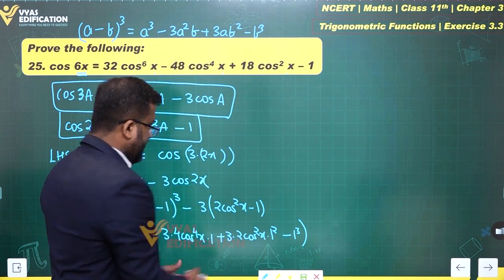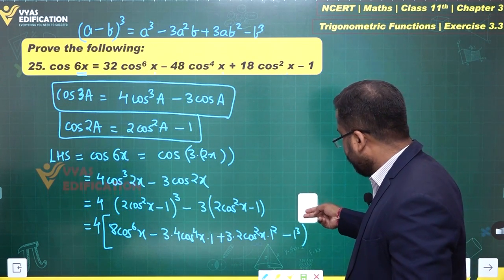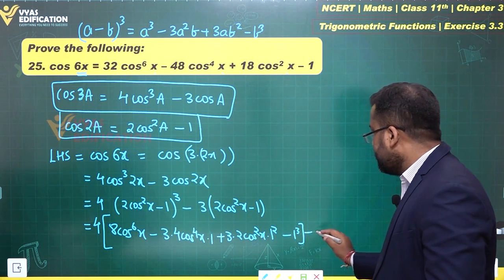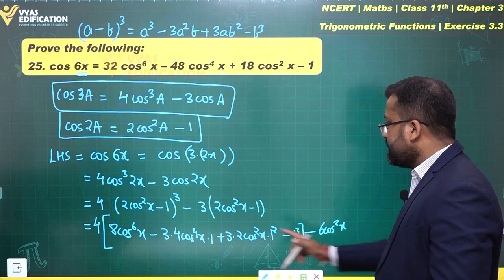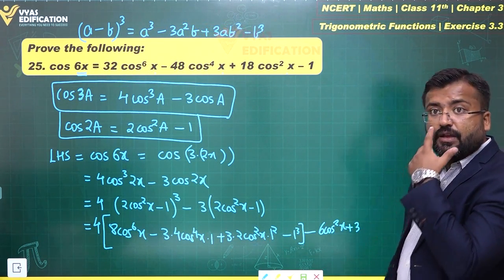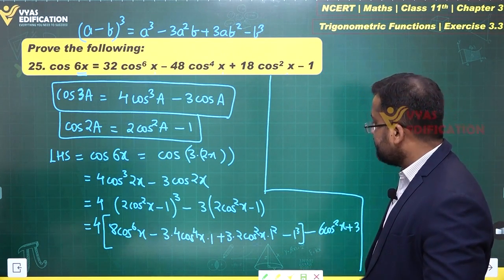That's what you have over here. This term has been simplified up till now. This is one bracket. And you have minus 6 cos square x, as you can observe over here. 3 gets multiplied with 2. And minus 3 times minus 1 is plus 3 over here.